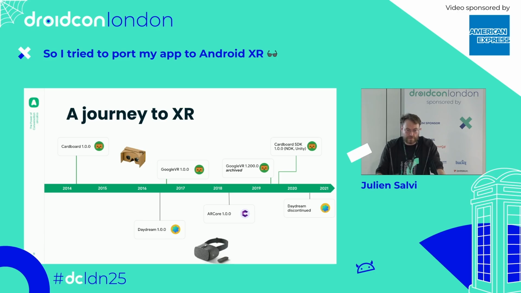It was the beginning of the third VR and XR hype, and we saw a lot of stuff with Cardboard. Then Daydream was introduced to really immerse the person into this new world of virtual reality.